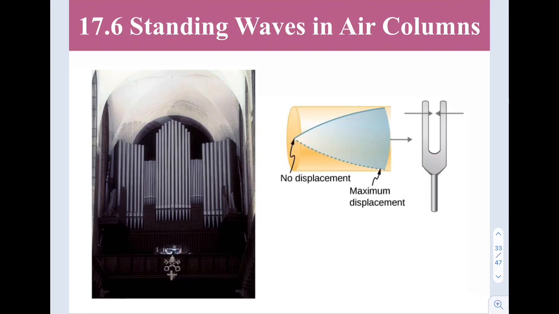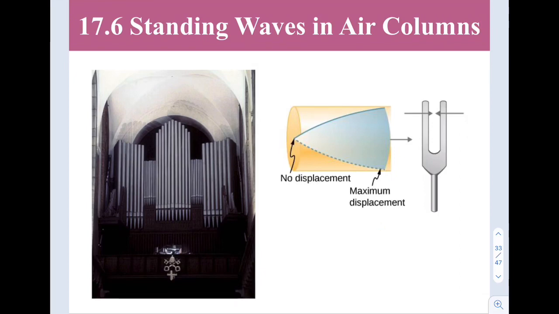Standing waves in this case are the result of interference between longitudinal sound waves traveling in opposite directions. So due to the combination of the reflected wave and the original wave, we have a standing wave produced within the air column or the instrument.